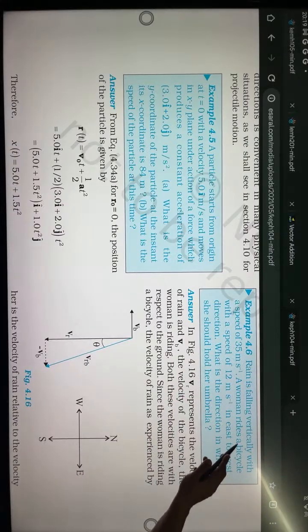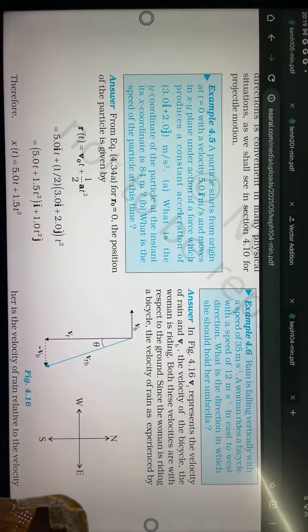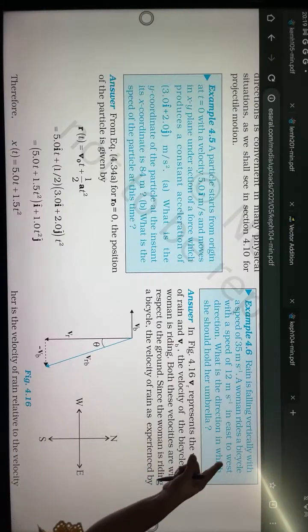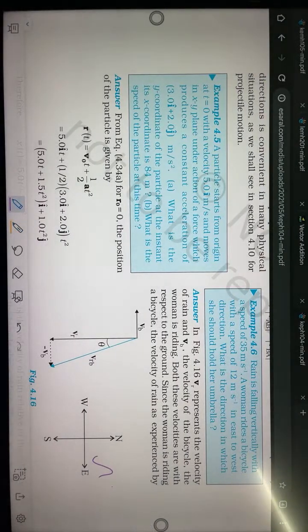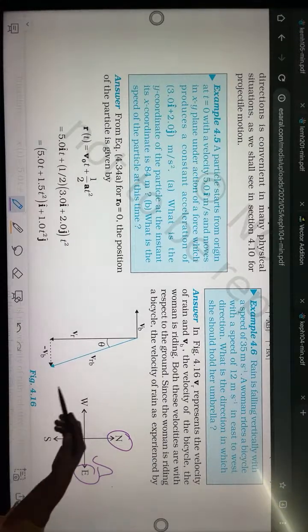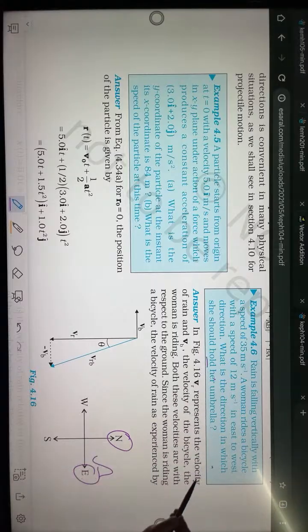Then a woman rides a bicycle with the speed of 12 meters per second, in east to west direction. This is the direction chart: right side is east, top is north, remaining opposite. Then, what is the direction in which she should hold her umbrella?